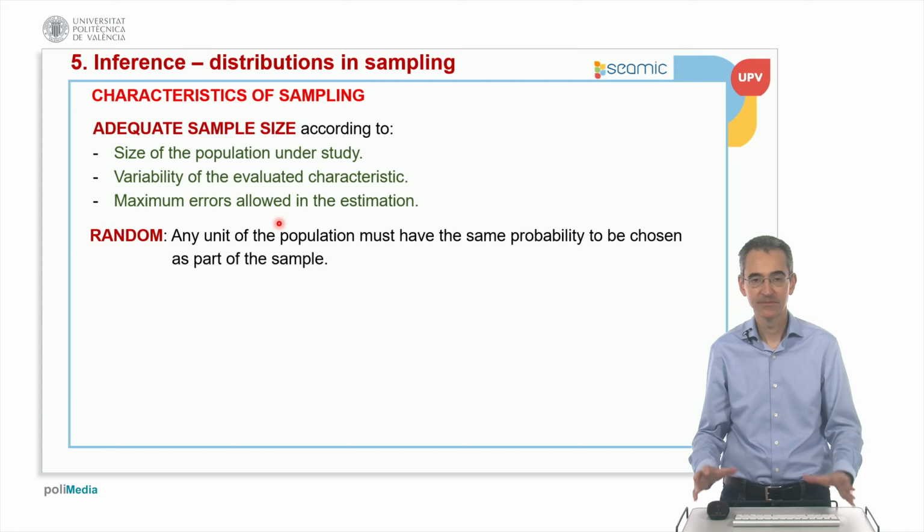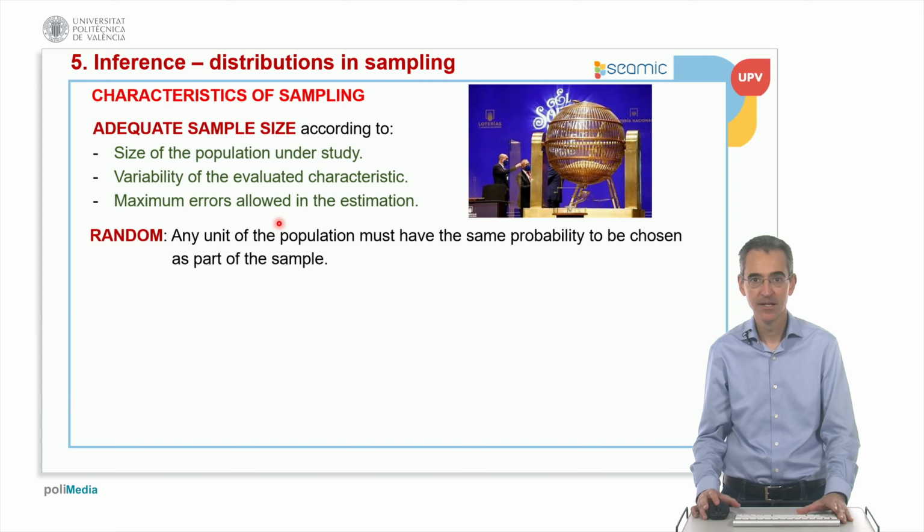Well, random. The sampling has to be at random. It means that any unit of the population must have the same probability to be chosen as part of the sample. A good example of this is the lottery. Probably you have seen this picture a lot of times.